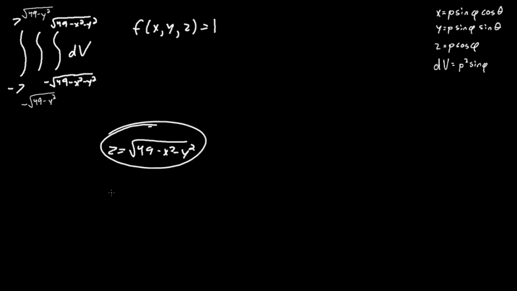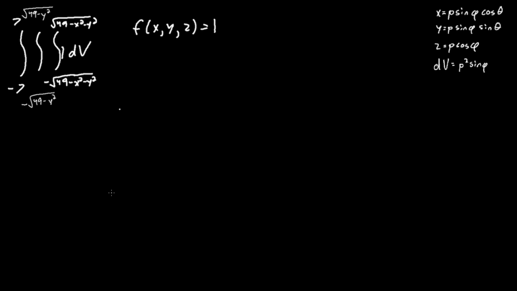And this already just describes a sphere. Same for the negative part. And our radius is simply the square root of 49, so we know that this describes a sphere of radius 7. And our integrand is simply 1, so we're just integrating 1.